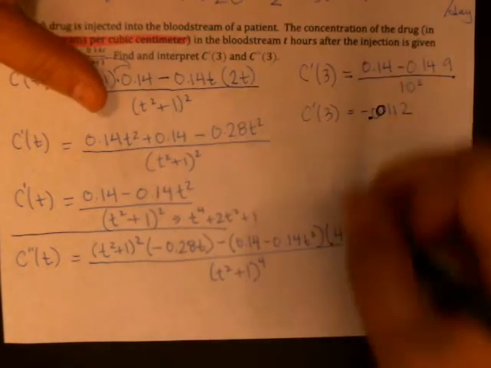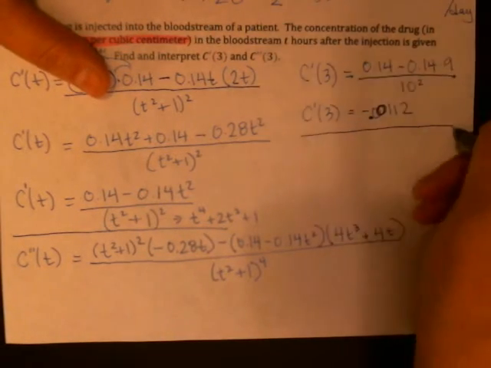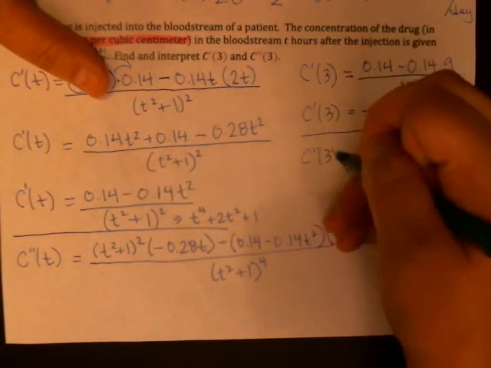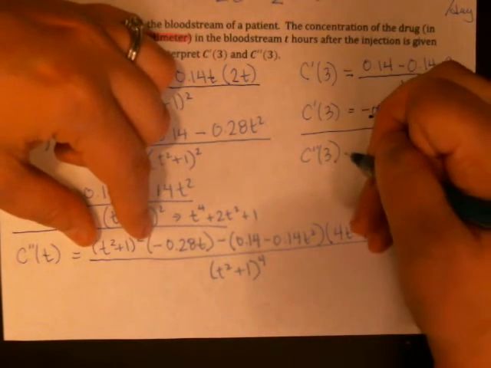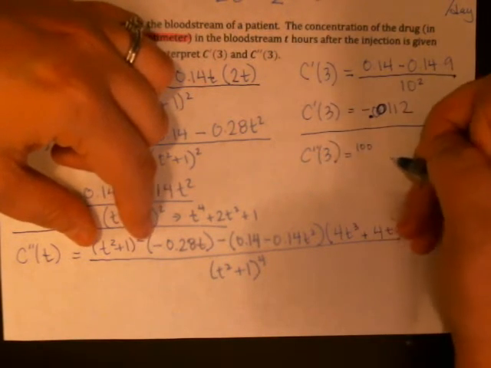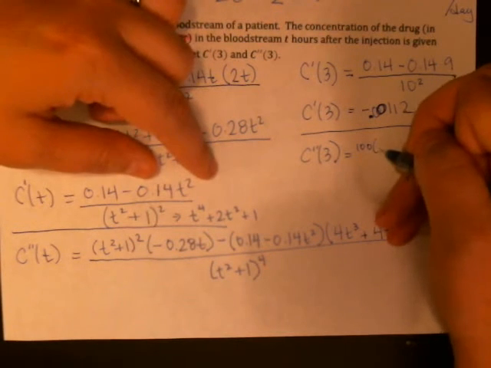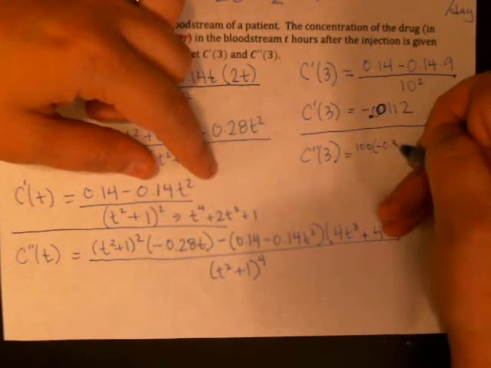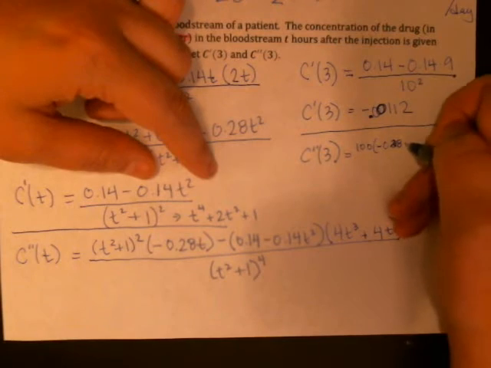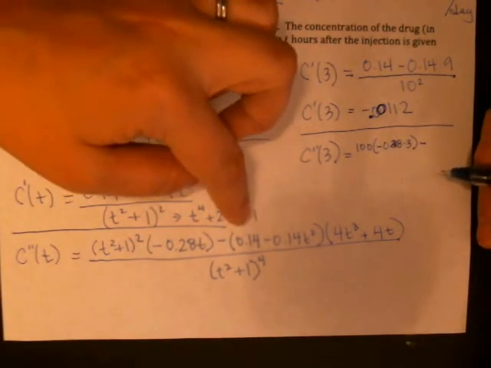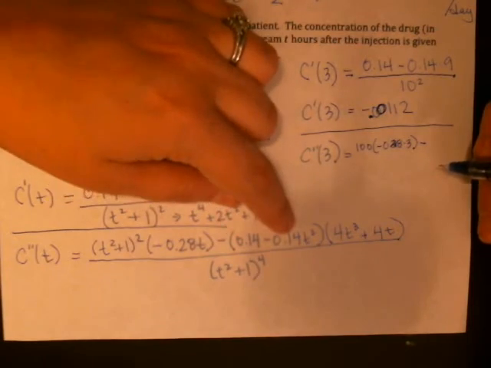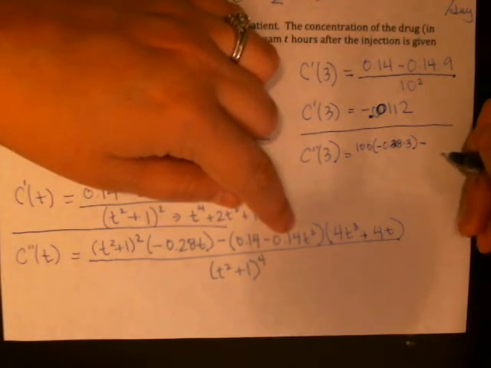So if I want, here, we'll put it right here, C double prime of 3, let's see if I can keep track of all this. I have a 9 plus 1, 10 squared, so I have a 100 times negative 0.28 times 3 minus a 0.14 minus 0.14 times 9. I'm going to run out of room here.